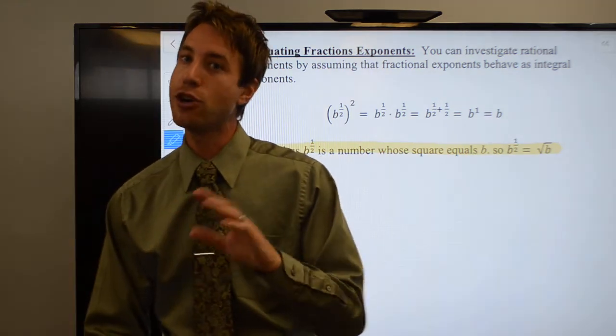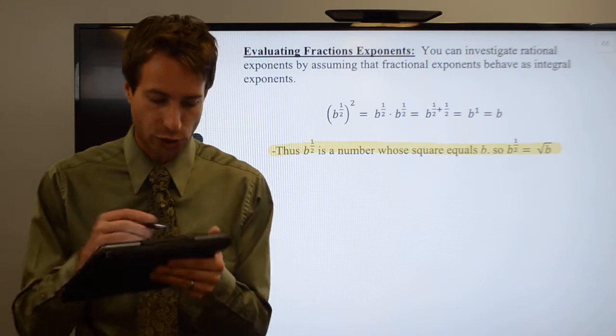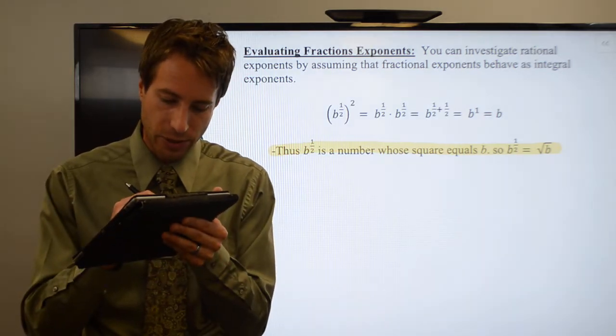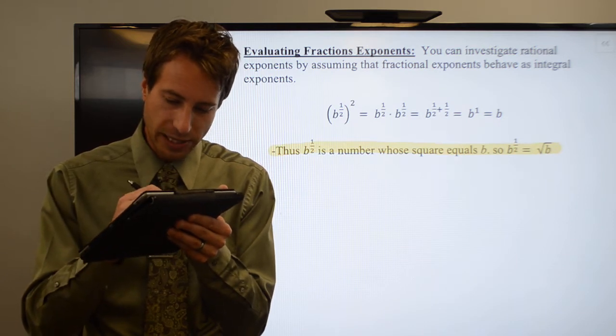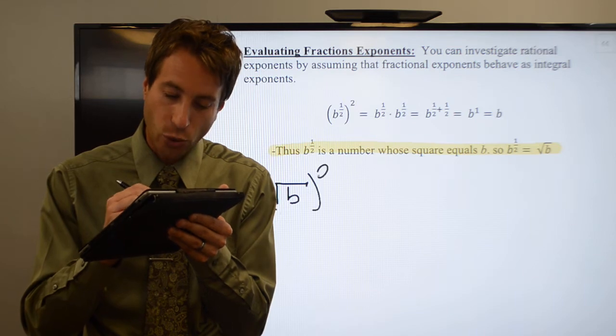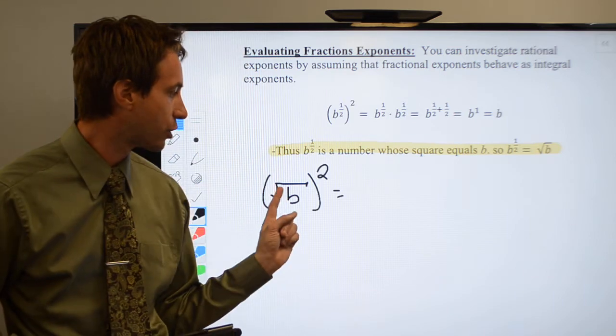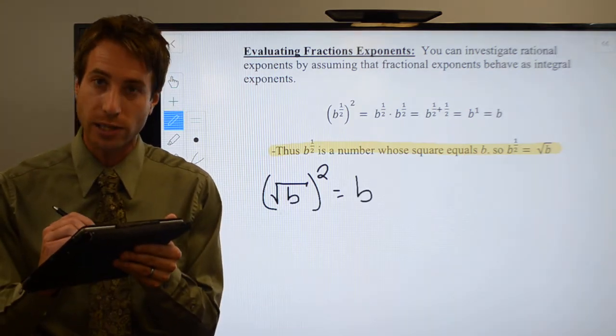Well, hang on, we know of another operation that cancels with the square, right? You guys know that if I were to give you the square root of b and have you square it, well, what happens to the square root and the square? Yeah, they cancel each other out and you're left with just b.